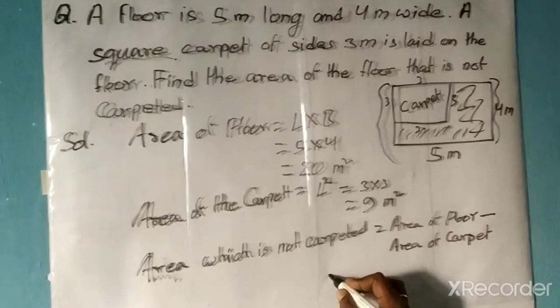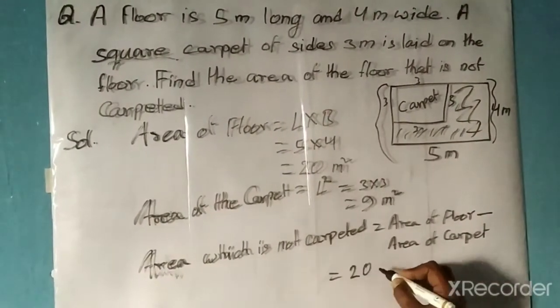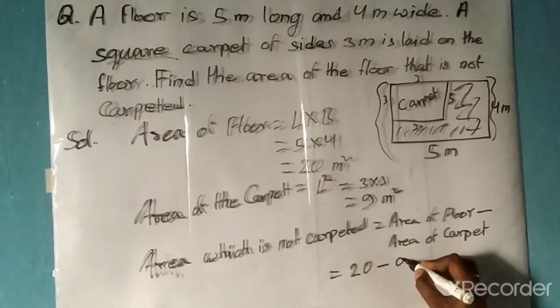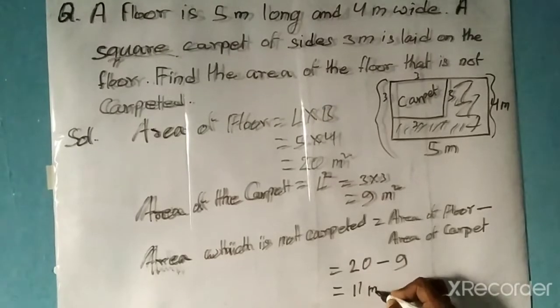Okay, on solving this, this is 20 minus 9. The answer will be 11 meter square.